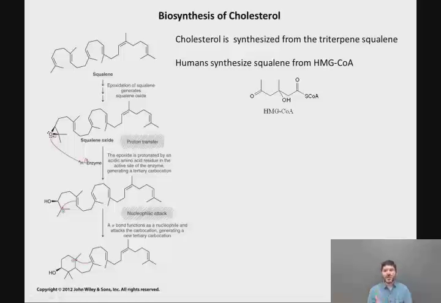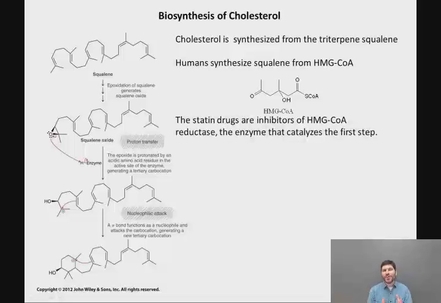And humans, instead of using dimethyl allyl pyrophosphate and isopentenyl pyrophosphate to make squalene, actually synthesize squalene from something called HMG-CoA, which stands for hydroxymethylglutarate coenzyme A. Alpha-ketoglutarate is one of the intermediates in the citric acid or Krebs cycle.